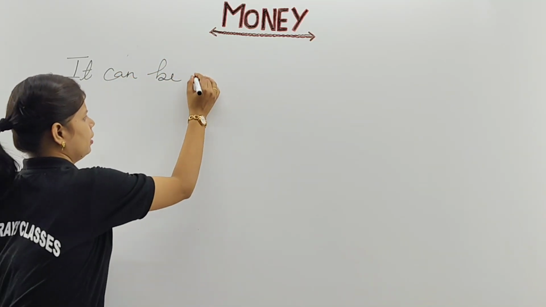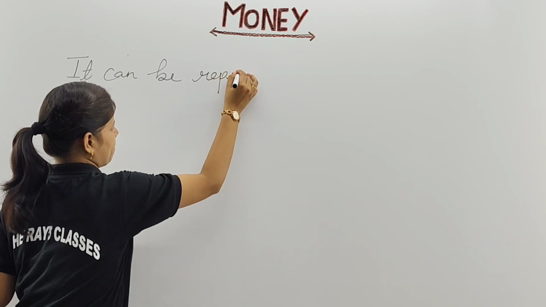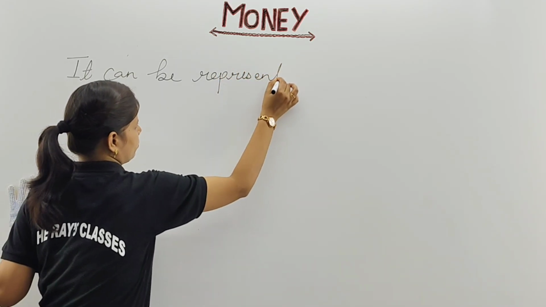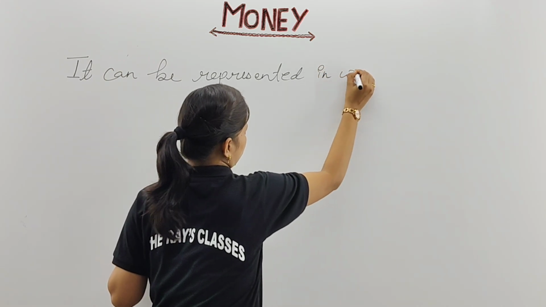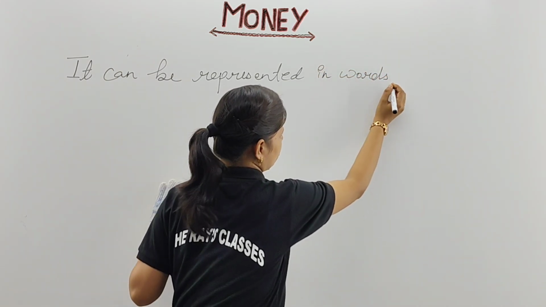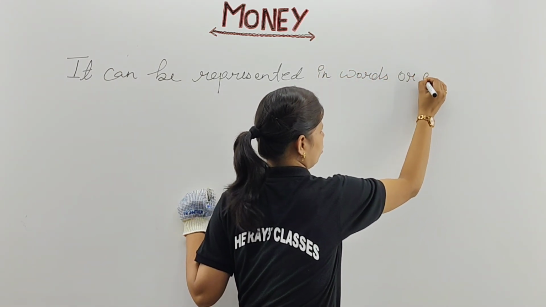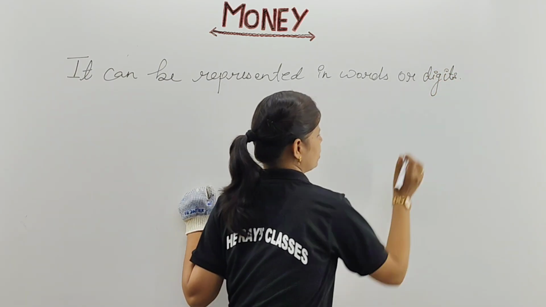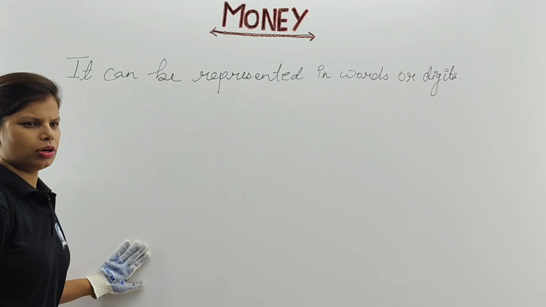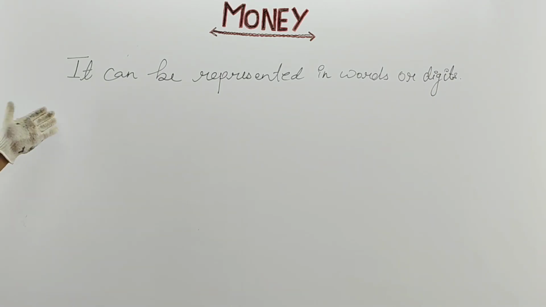Money can be represented or written and presented in words or digits. Its representation can be done in these ways. Clear, no?